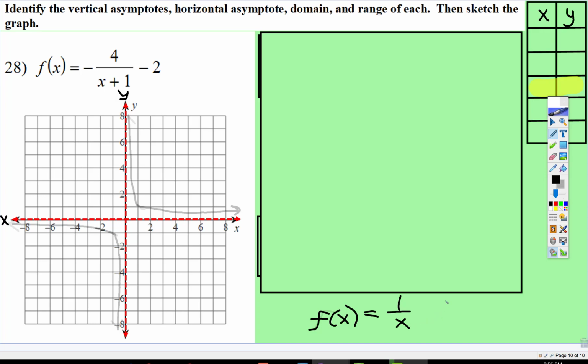Well, the vertical asymptote is easy. If we put 0 in for x, you can't divide by 0. And when there's a 0 in the denominator, at that x value, it forms a vertical asymptote. Okay, so there's that. Now we have a bunch of stuff going on.